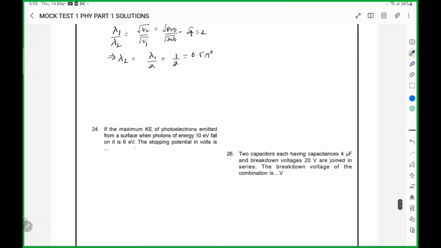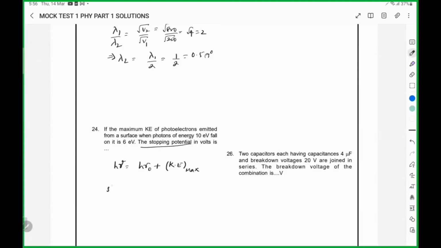For the maximum kinetic energy, the Einstein photoelectric equation is h nu equals h nu naught plus kinetic energy maximum.